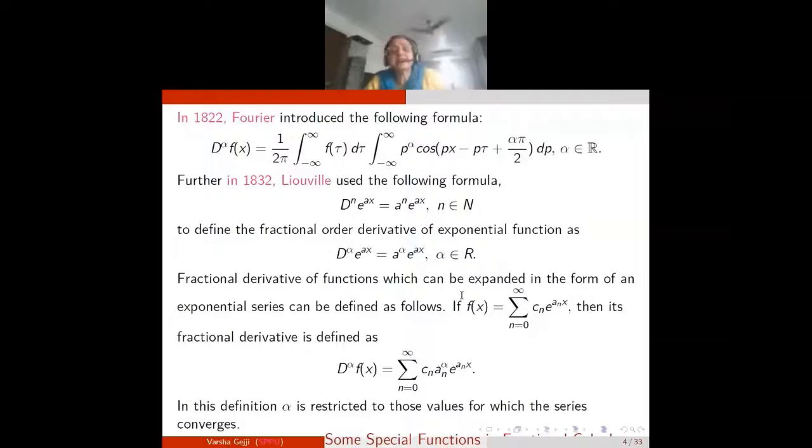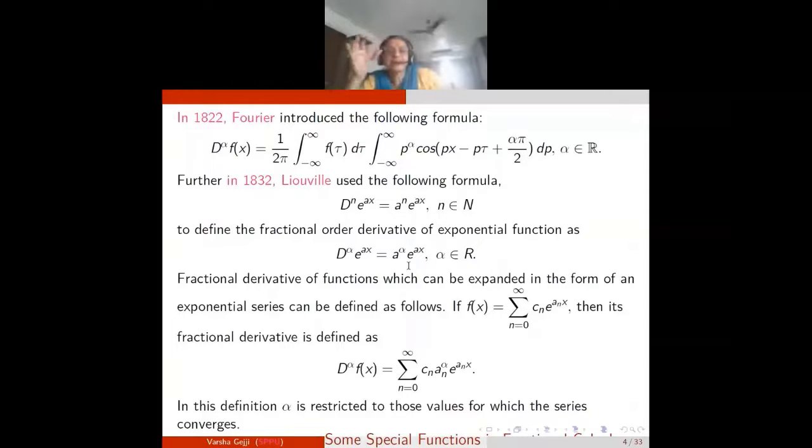And for the fractional derivative of an exponential function, the nth order derivative gives a to the power n, and when I take alpha, you expect a to the power alpha. There were also some inconsistencies. When Liouville introduced this formula, soon after that it was pointed out that there is an inconsistency, which was then resolved.